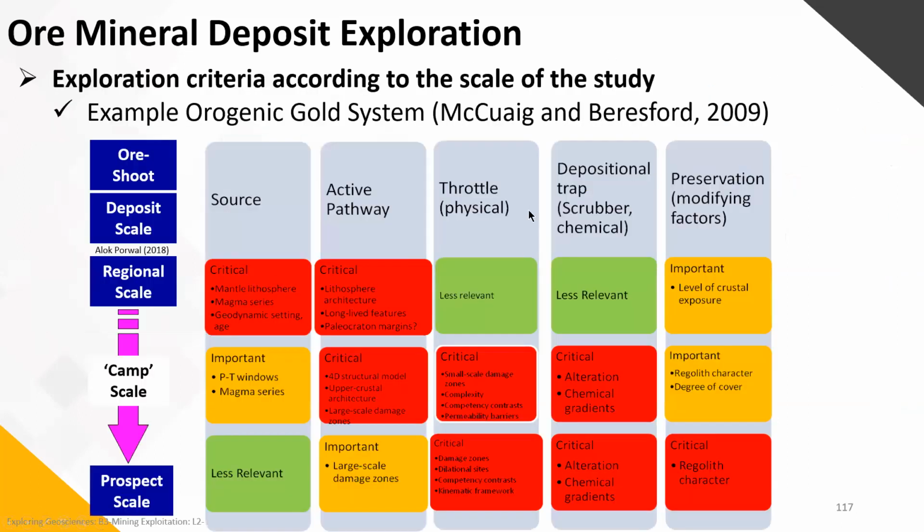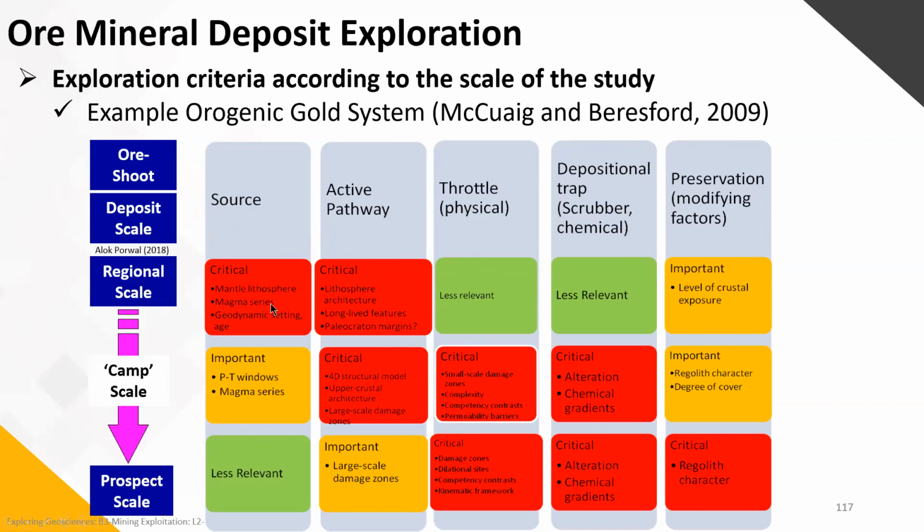This one here lists all the different criteria that can be observed either in the field, from lab samples, from the core, or from underground, and characterizes them by their importance if we are looking for the source, the active pathways, the physical throttle, the trap where the mineral deposit will precipitate, and the preservation of these.